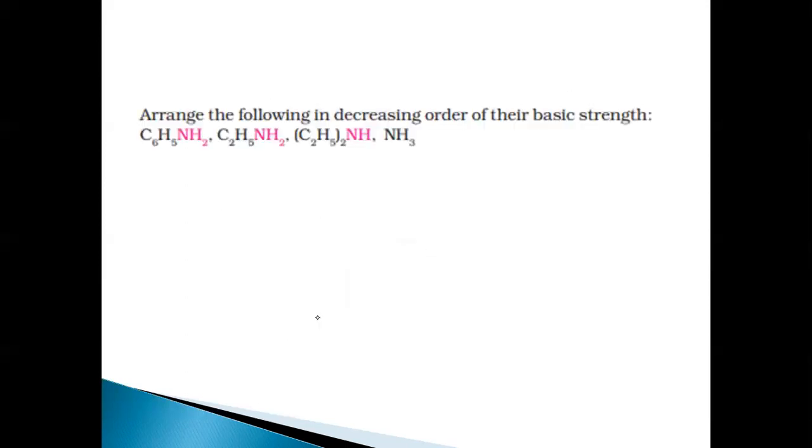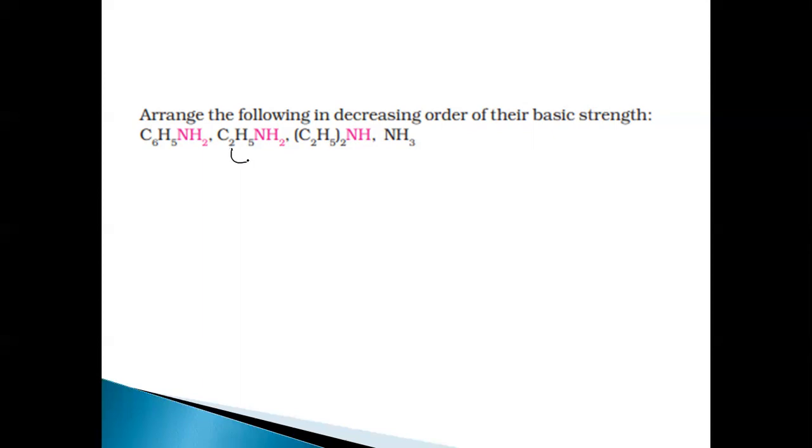So when we are trying to solve this question, arrange them in the decreasing order of their basic strength. So which is more basic among these?